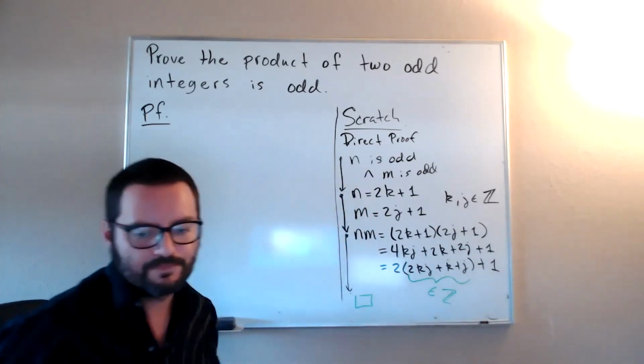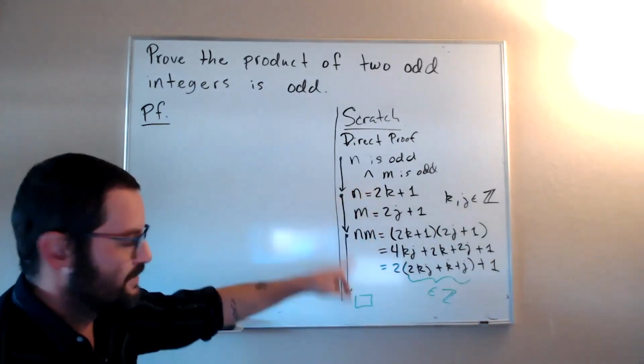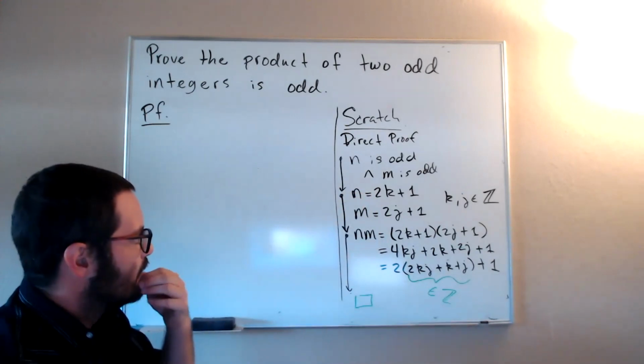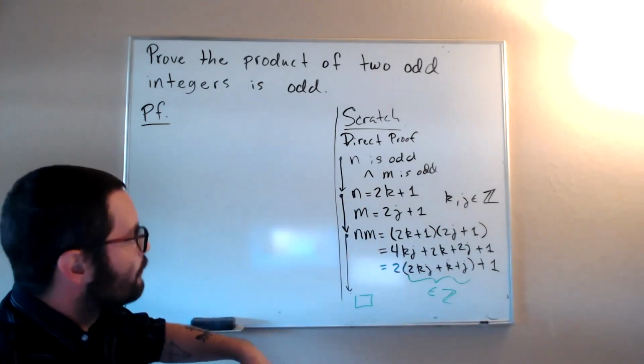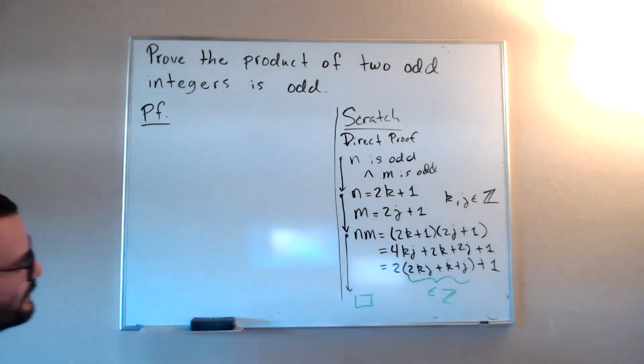But this is not what you're going to write for me. This is your own stuff, right? What you're going to write is the formal proof using the scratch work to guide you.